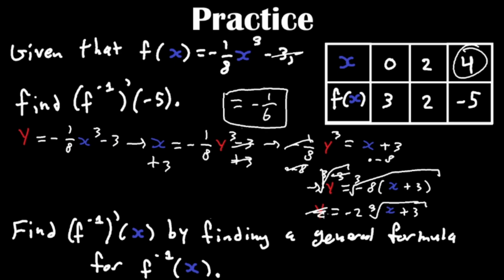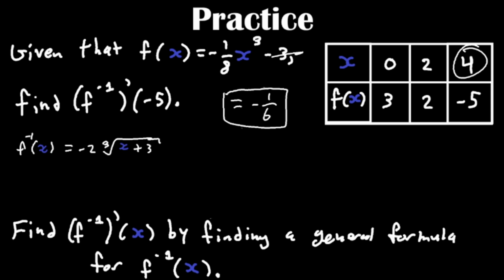We can replace this y with f inverse of x. This inverse is just a function. To find the derivative of the inverse function, we just take the derivative of this negative 2 cube root of x plus 3. So we'll get that f inverse prime of x is just the derivative of negative 2. I'm going to write this cube root using a 1/3 power.